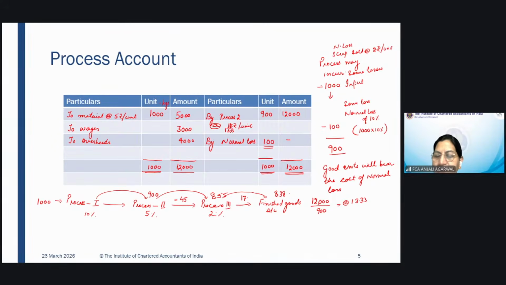So if that is the case, 12,000 should not be borne by the 900 units. 12,000 minus 200. The total cost which has to be borne by the 900 units would be 11,800. So 11,800 when divided by 900 units, the cost will be 13.11 instead.